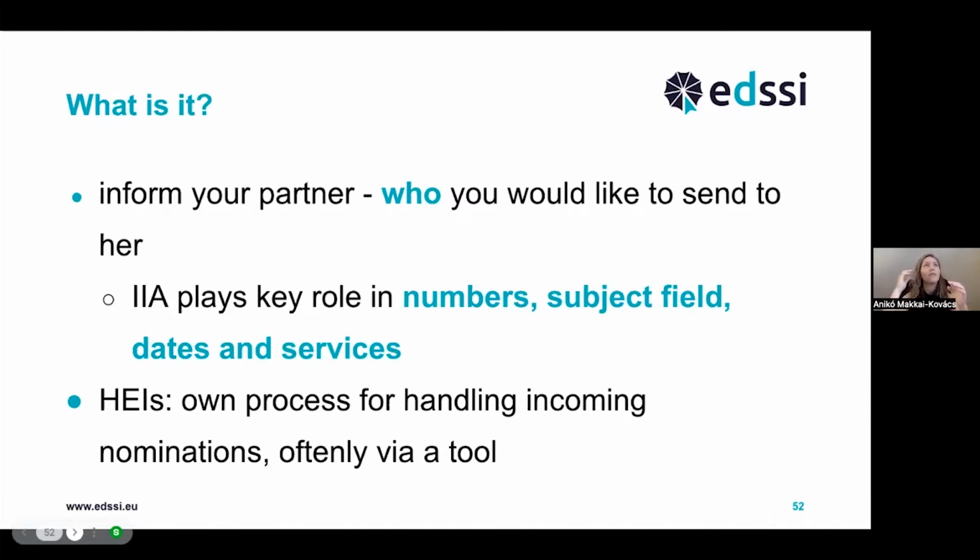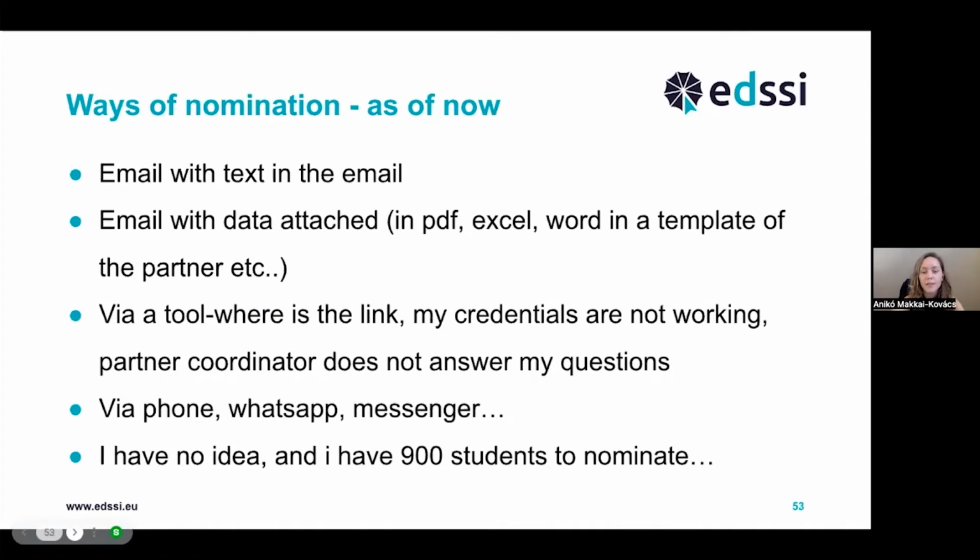So I was polling the colleagues around, and also remembering my time when I was working as an Erasmus coordinator. I tried to list some of the ways that I remember how nominations are going now. Either I am emailing the partner with the information of the students in the email, right?